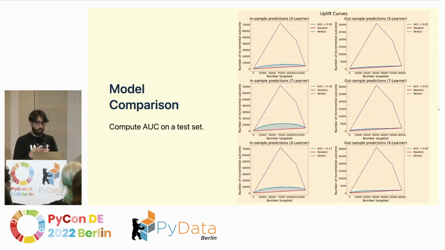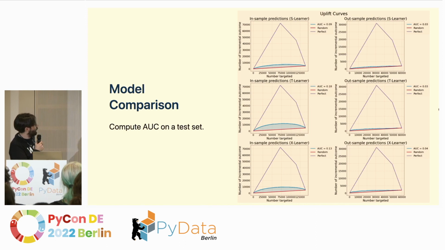All right, so in practice, if you're doing this in real life, what you could do, for example, is take various learners, like the S, the T, and the X learner, and you can do in-sample and out-of-sample prediction. You can still take your data from the A/B test and split that in such a way that the right-hand side is an out-of-sample prediction.